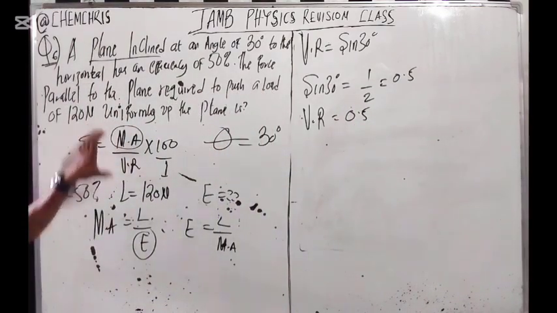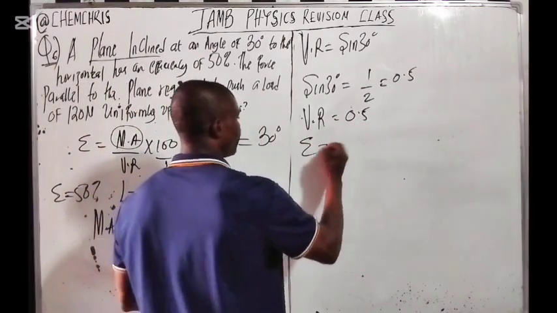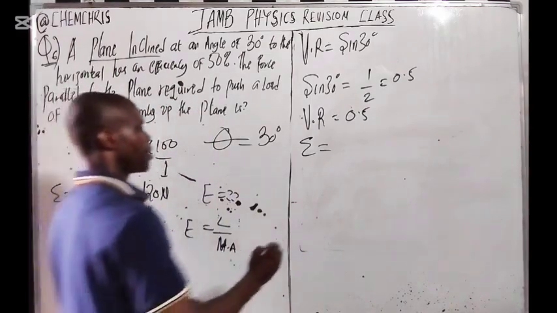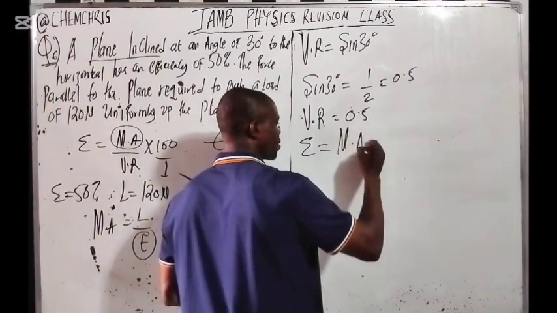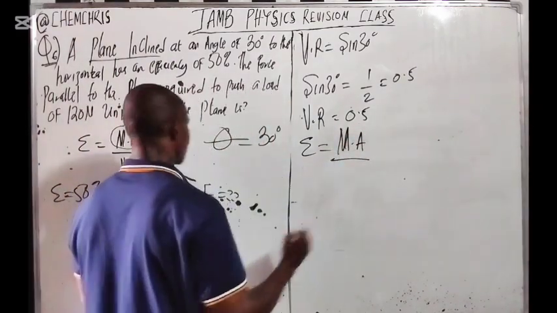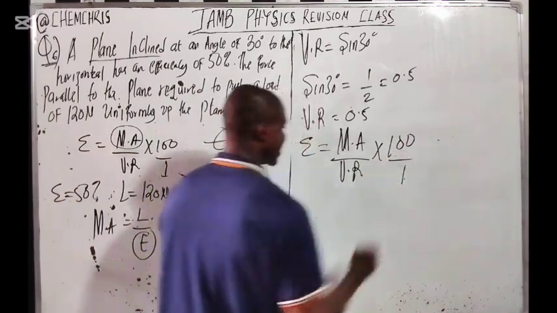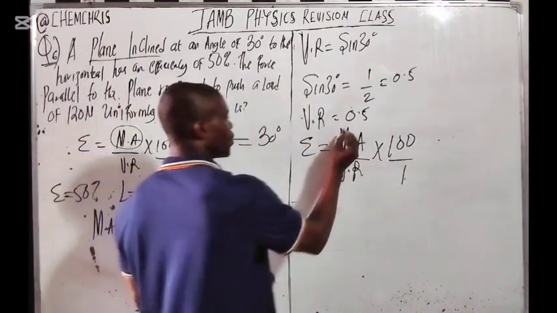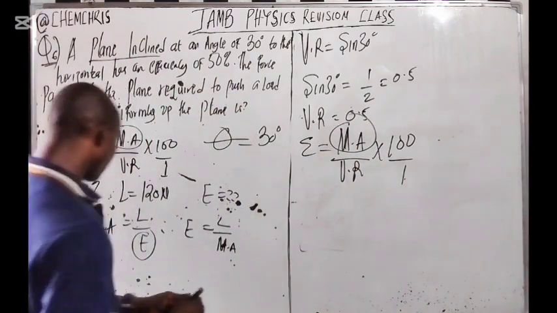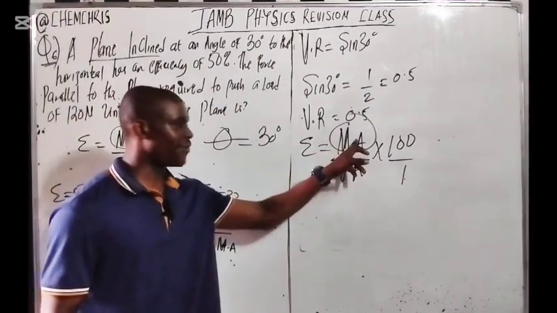Let's repeat our values here. So mechanical efficiency equals mechanical advantage over velocity ratio times 100 over 1. Now let's make mechanical advantage the subject of the formula, because the goal is to get my mechanical advantage.